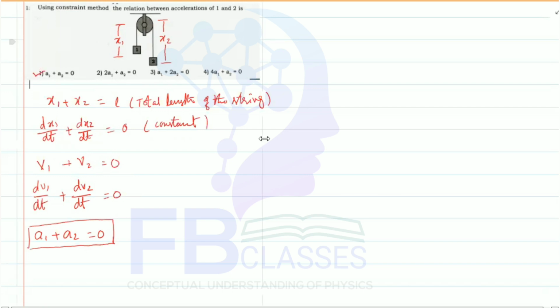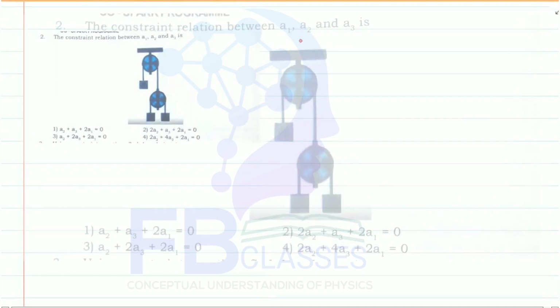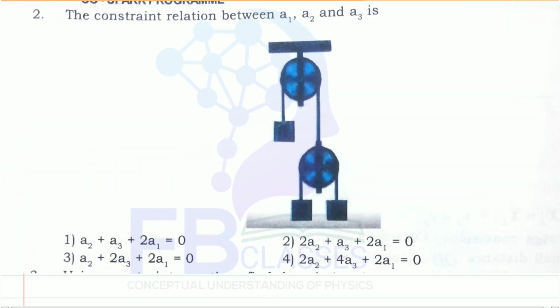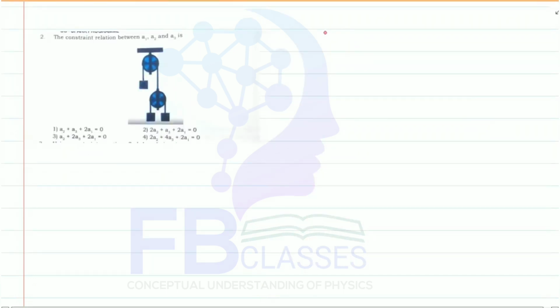So hope you understand. My dear students, I am going to read the question. The constraint relation between A1, A2 and A3 is. So here the diagram is given. So he is asking what is the constraint relation in terms of acceleration. So I am going to draw the free body diagram. See here, I am going to draw the diagram here.